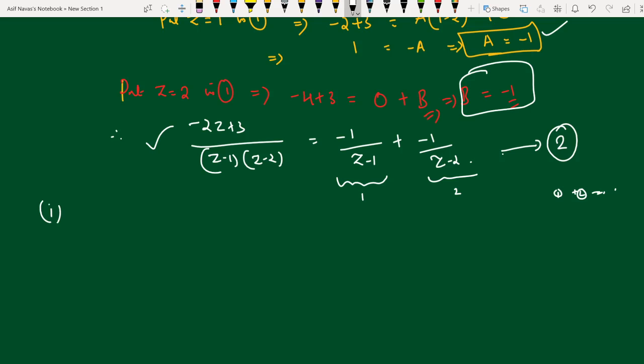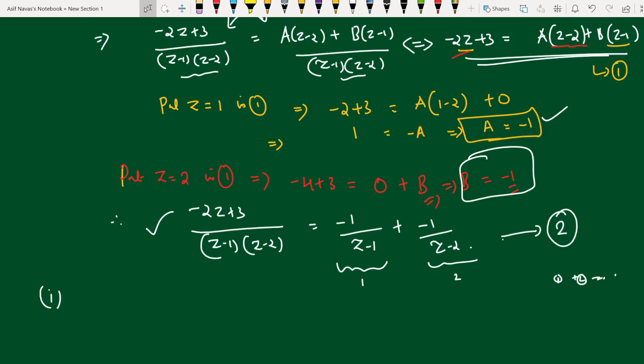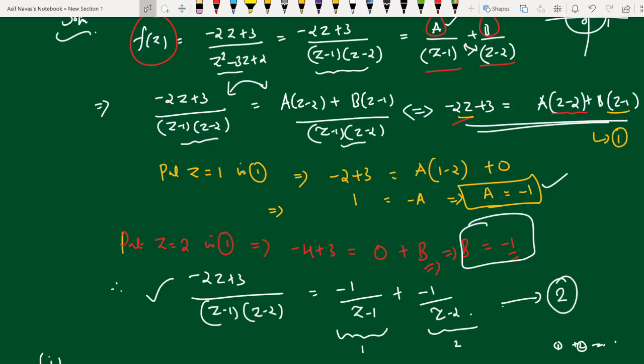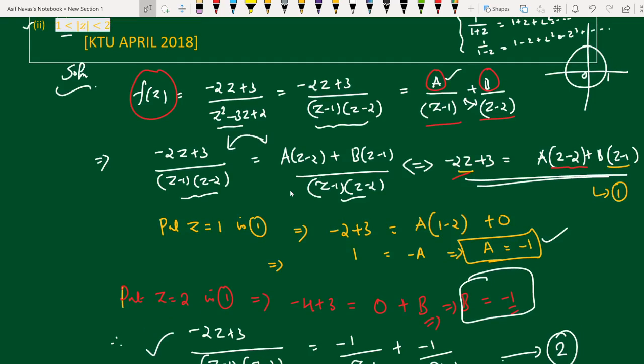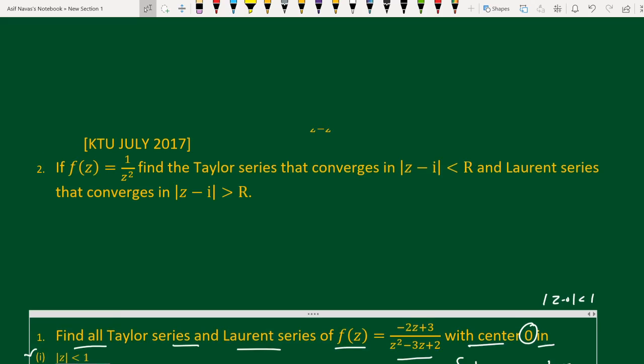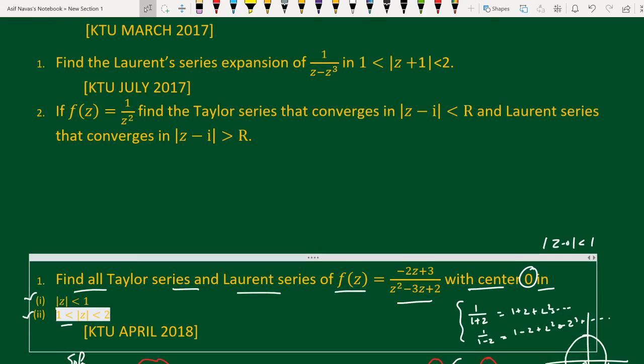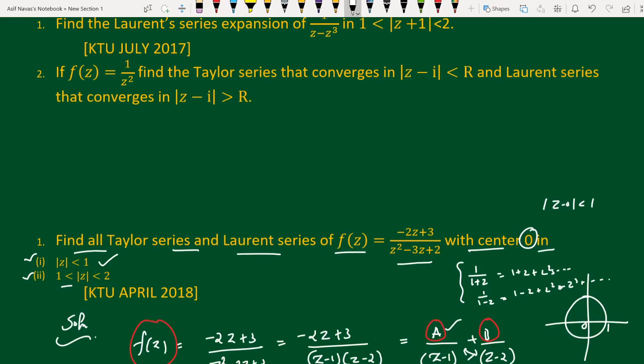So for our first question, the region is given as mod z less than 1.